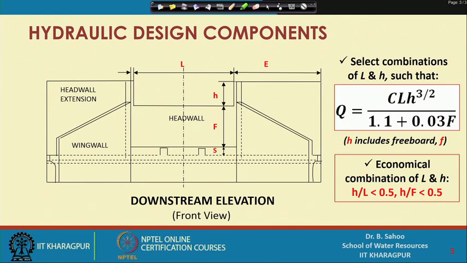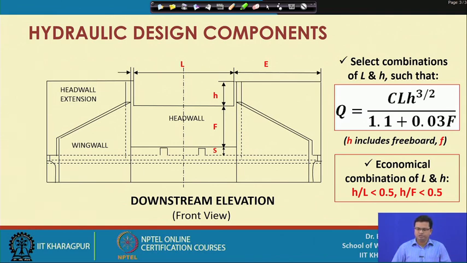That means, for freeboard we are providing an additional discharge of 0.1 plus 0.03 F times Q. So, that is the excess discharge which is provided as the freeboard.